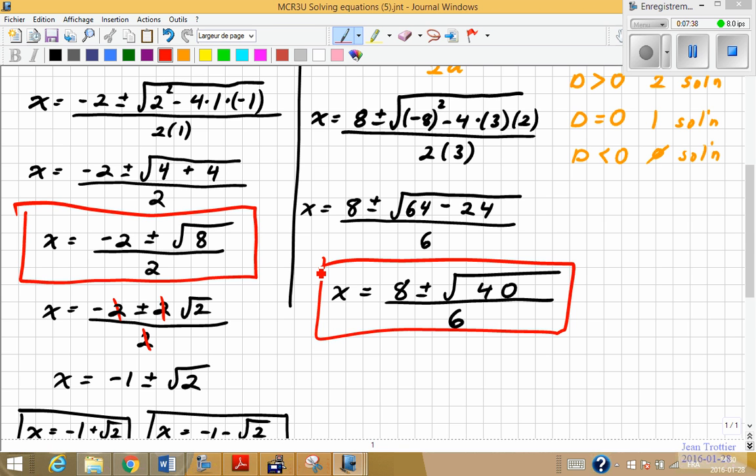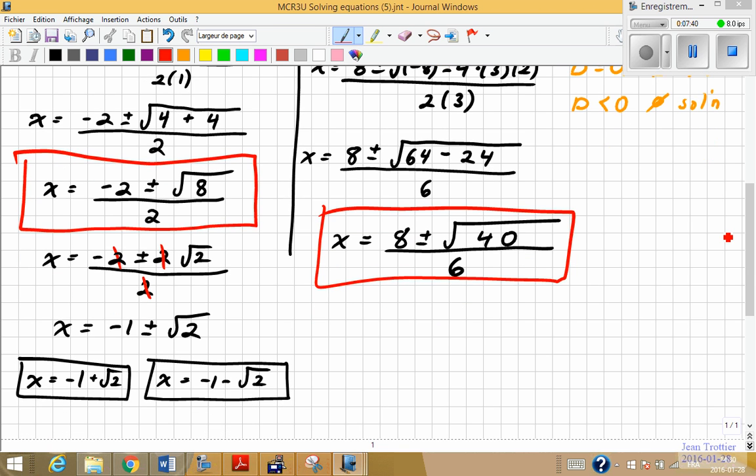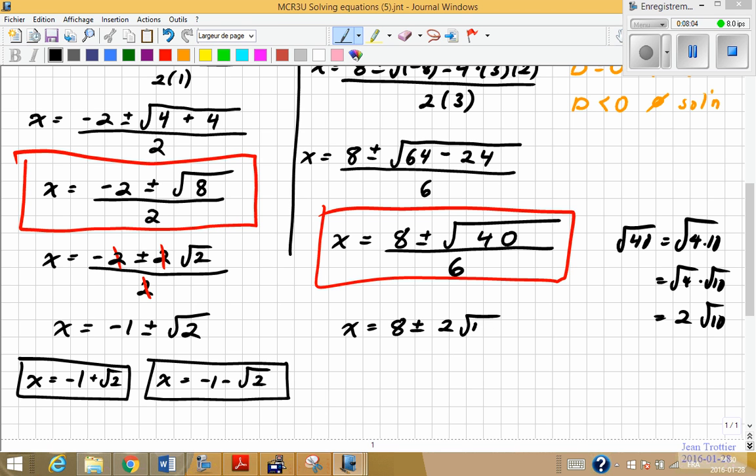So we can simplify this a little bit. The way we can do that is root of 40 is actually root of 4 times 10, which becomes root of 4 multiplied by root of 10, which becomes 2 root of 10. So you can rewrite this as x equals 8 plus or minus 2 root of 10 over 6.